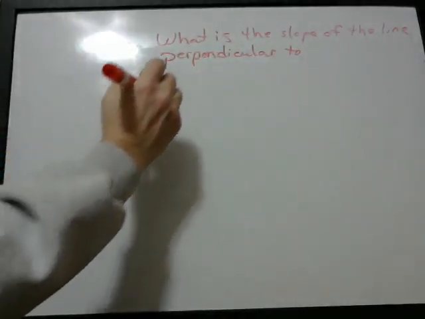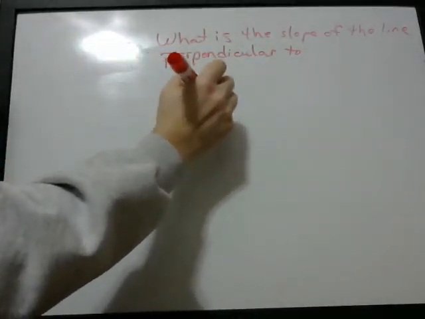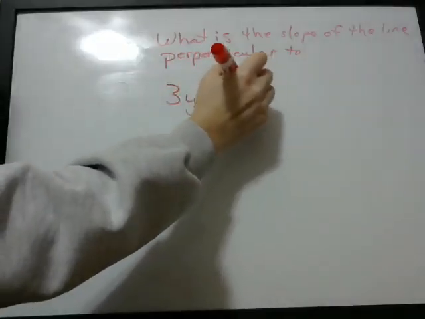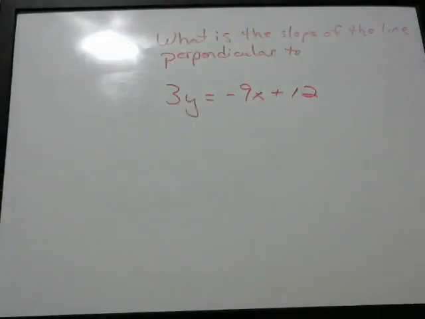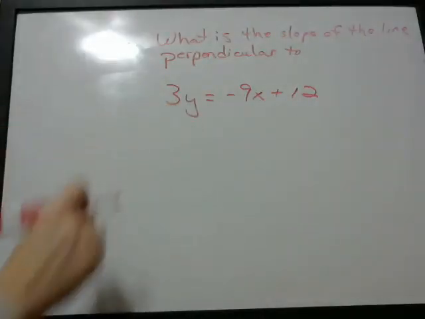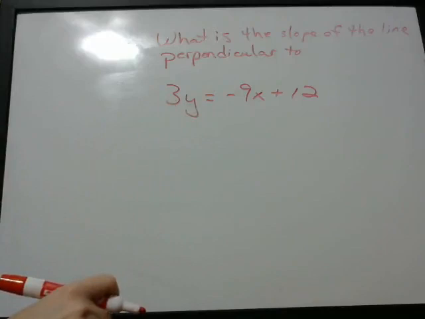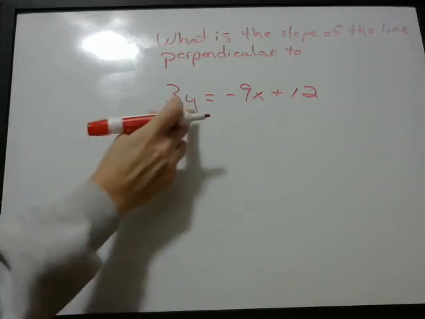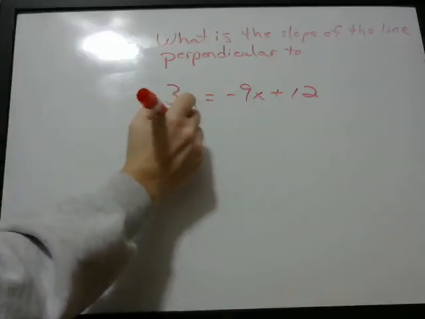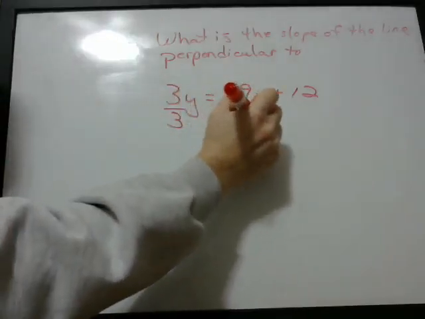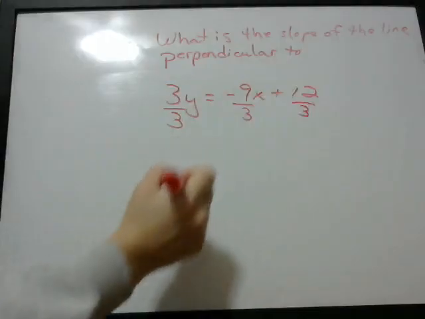Let's say we have 3y equals negative 9x plus 12. Same methodology. Put this in slope-intercept form. That's what you're always going to do for this kind of question. How do you get rid of this 3? It's 3 times y, so we divide by 3. We have to divide each element by 3 on this side.